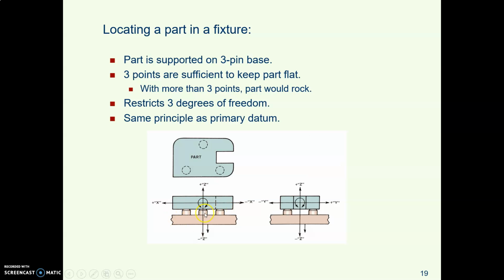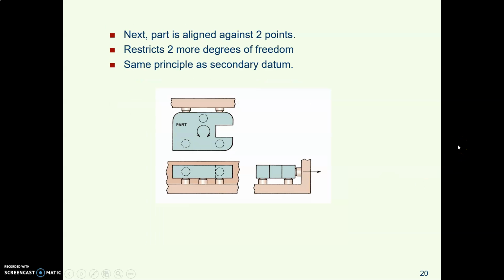These are not a very good drawing, but these are spherical tipped pins. So a spherical pin would make just 1 tangent point with the surface at each tip. So here are 3 points of contact. And that restricts 3 degrees of freedom, 2 degrees of rotation, and 1 degree of up and down movement.